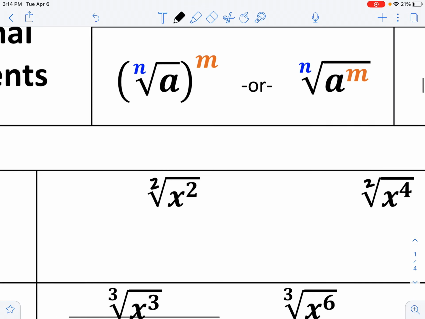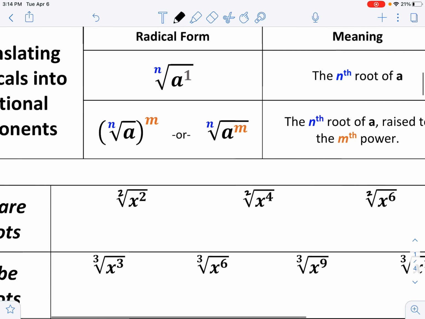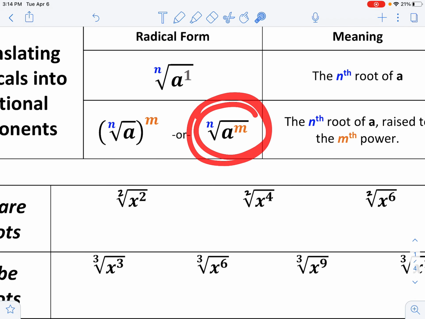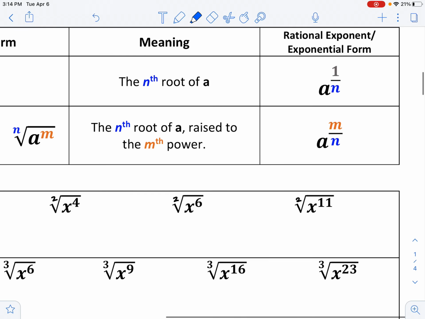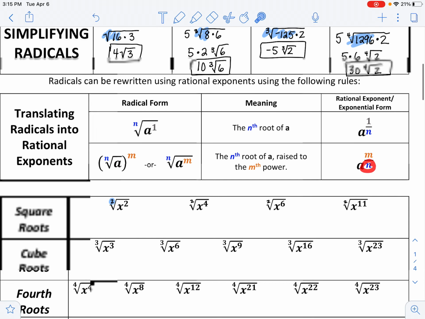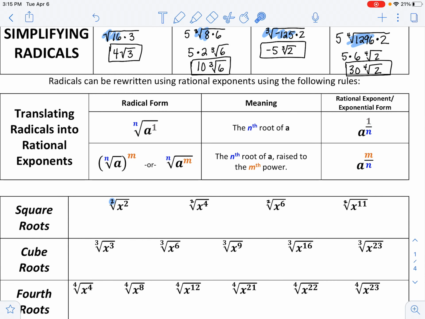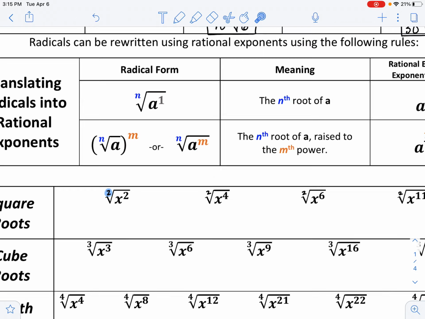Okay, so now just looking at what we have right up here, so let me show you again. Looking at what I'm circling, we can see that this number here, I'm using the same color, is going to be the denominator of our exponent. And then this number here is going to be the numerator of our exponent.